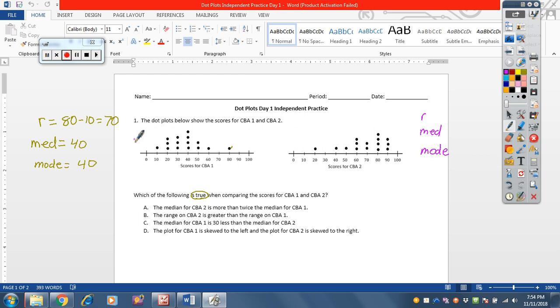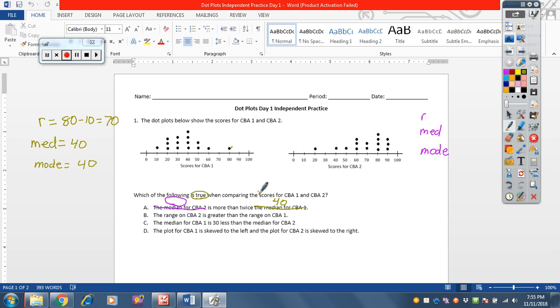Okay, so I've got the information for CBA 1. You have both information for 1 and 2. A says the median for CBA 2, and I suggest you cross that out and write the number here, whatever that number is, the median, is more than twice the median for CBA 1. And I'm going to cross out median for CBA 1 and write 40.